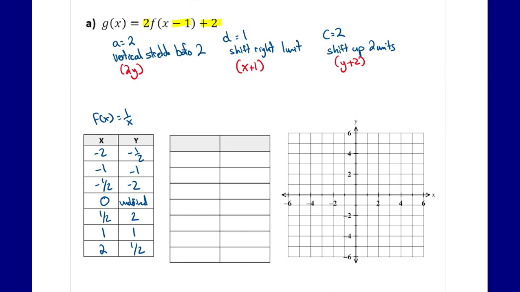If I wanted to use my mapping notation to quickly jump to the key points, it would be x over k plus d, and we would have ay plus c.